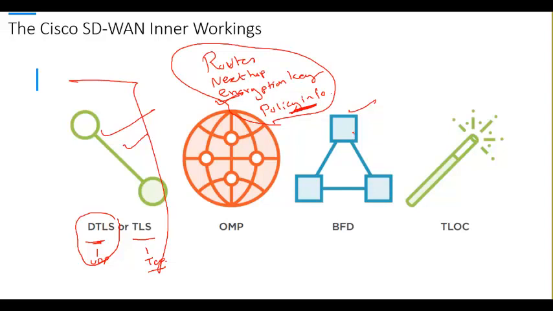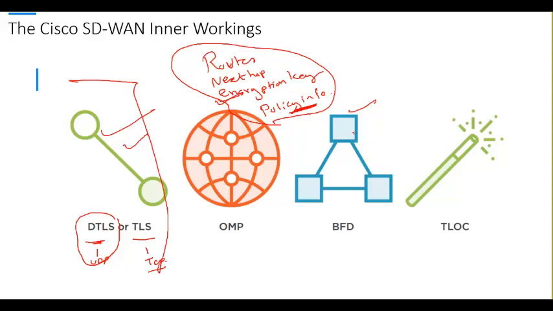Whether we have some policies in the vSmart controller or not, we may or may not have a policy configured, that doesn't matter. The performance of the path, determining the liveliness, the quality, is always done.